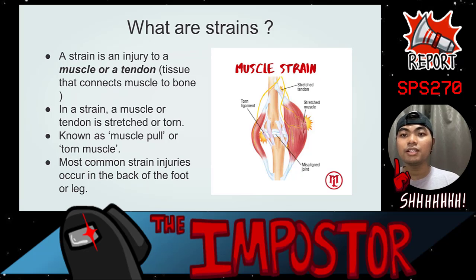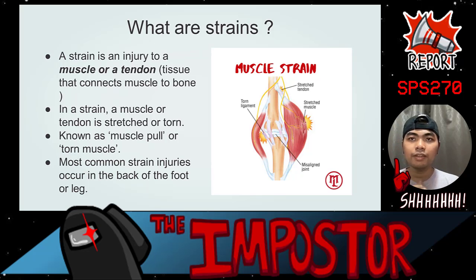A strain happens when a muscle or tendon is stretched too far or is partially torn. The symptoms of a strain are pain, swelling, and having a problem moving the injured area.